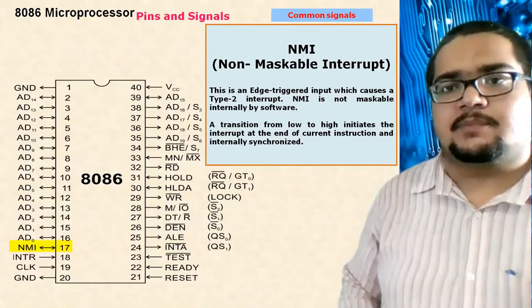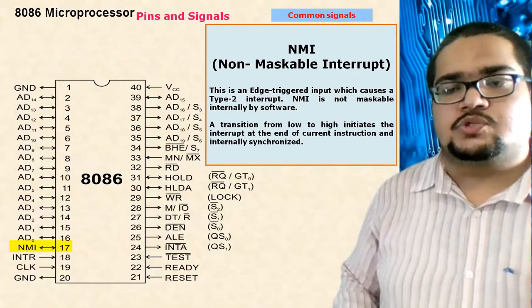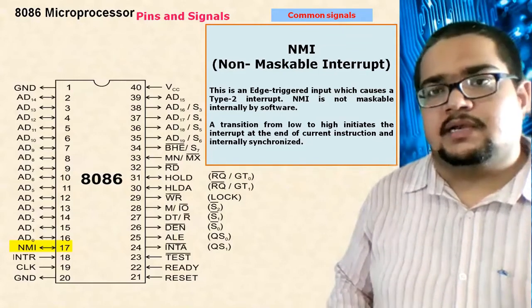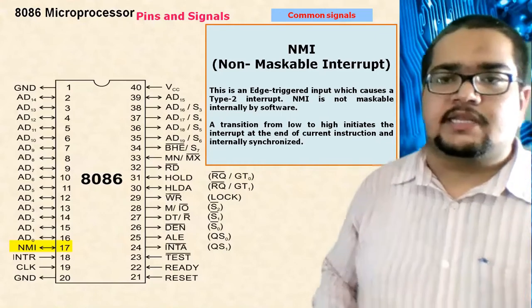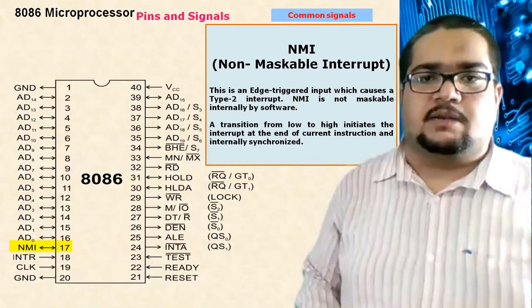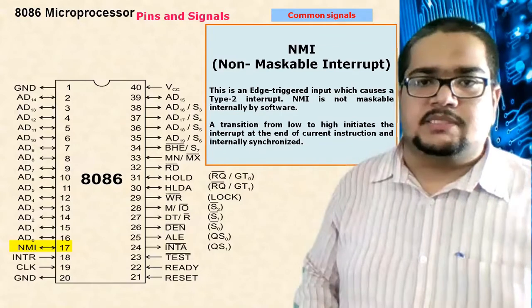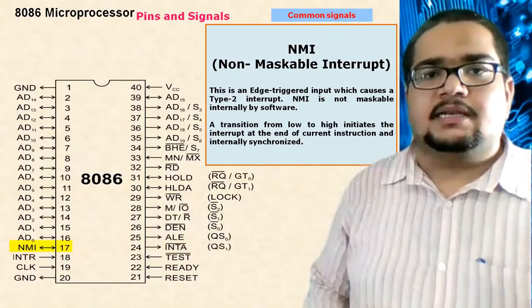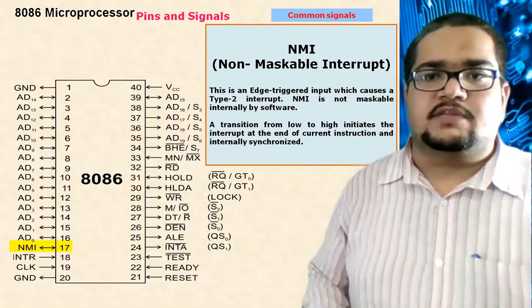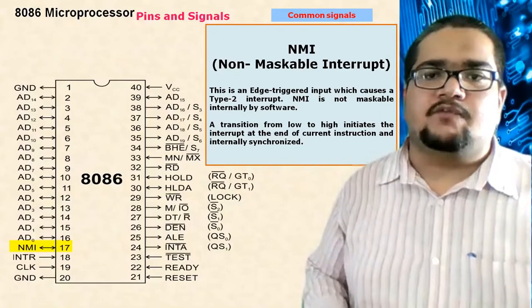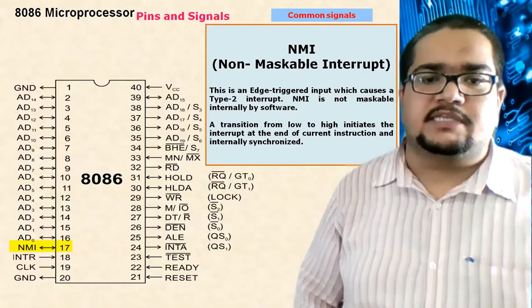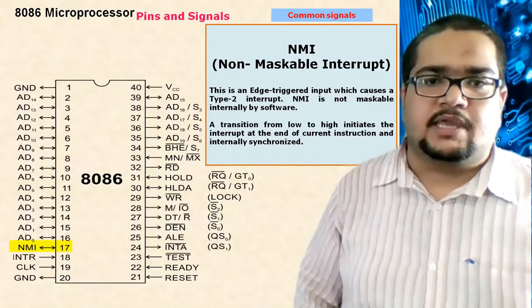INTR is a general interrupt request, and it is maskable. Depending upon the interrupt flag IF, you can enable or disable it, that is, give service to that interrupt or not. But when we talk about non-maskable interrupts, you mandatorily have to give service to this type of interrupt. You cannot ignore or disable it, basically.